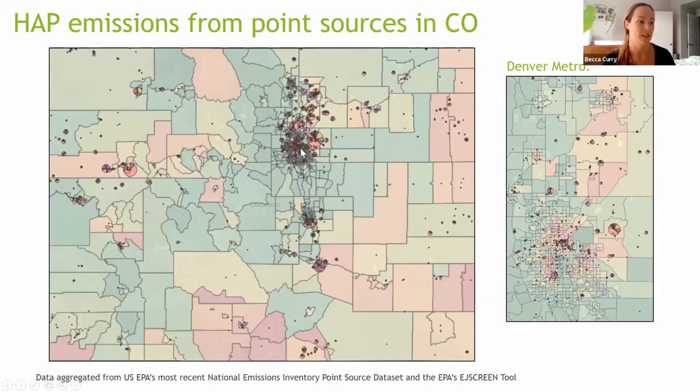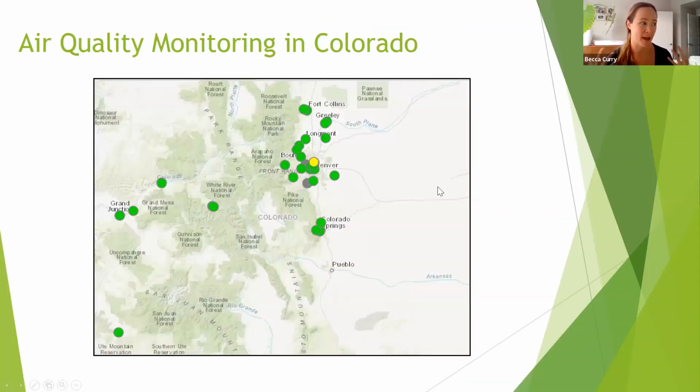And another graphic about emission sources of toxics across Colorado. And just quickly, this is my last slide. This is a snapshot of the state's monitoring network of where the state has air monitors.